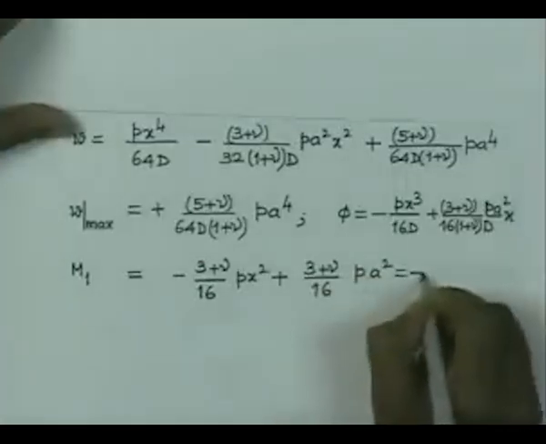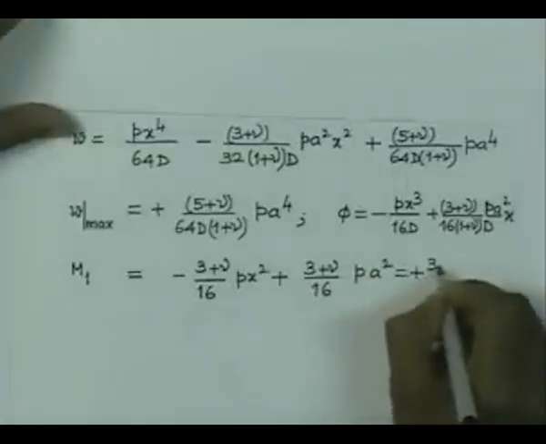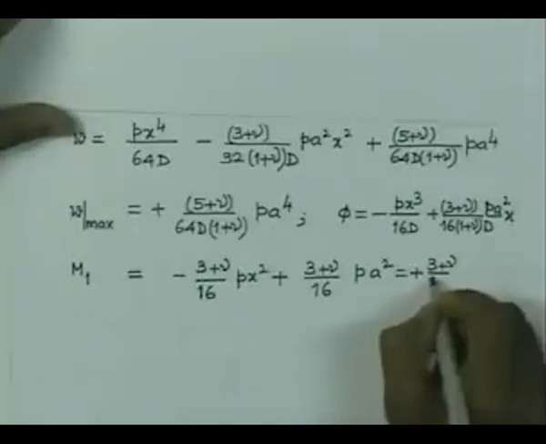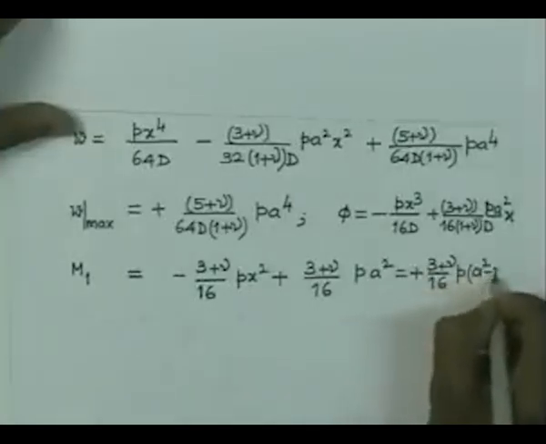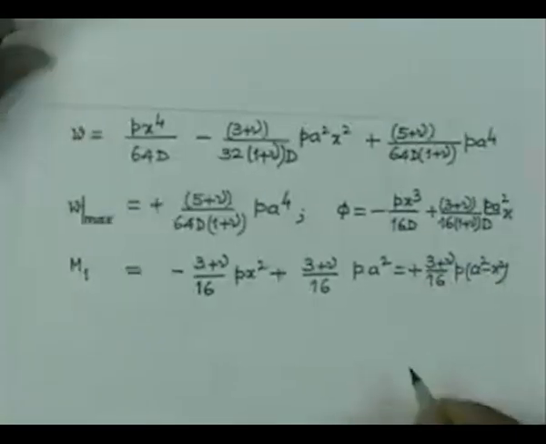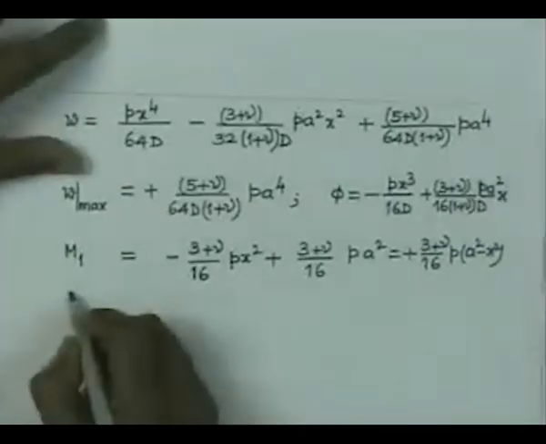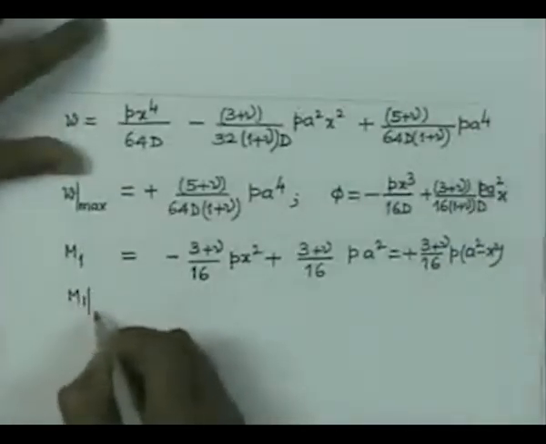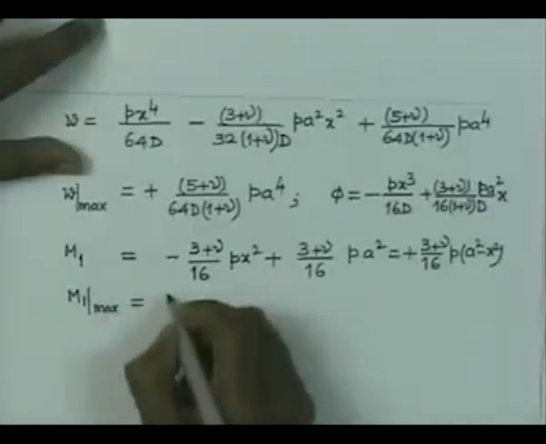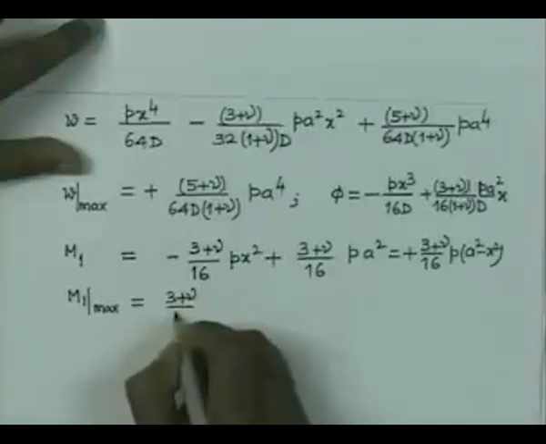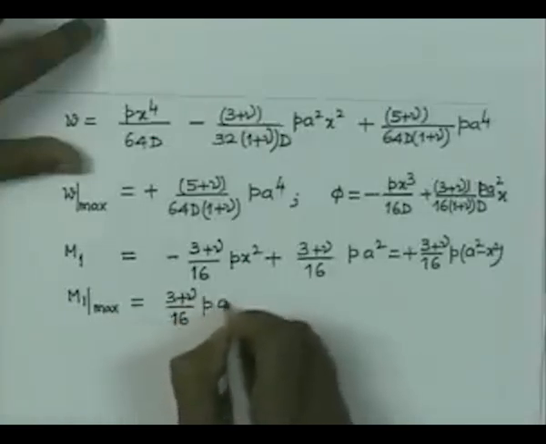So, this has a simplified form (3 plus nu) by 16 p (a square minus x square), and hence the value of maximum bending moment is equal to (3 plus nu) by 16 p a square.